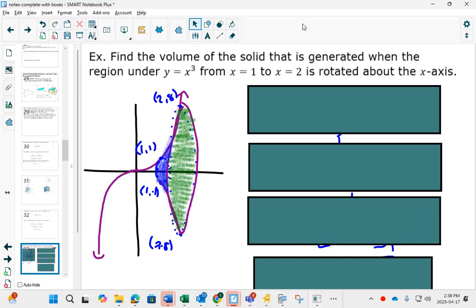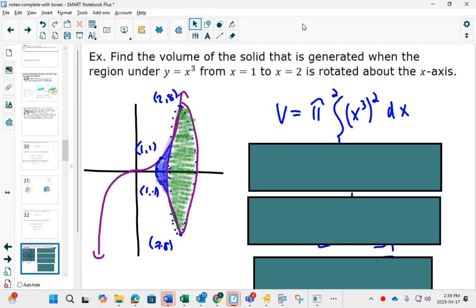But then I can calculate the volume of this because it's going to be the volume of all of the circles. What's my formula for circles? Pi r squared. So pi is out in front because you can factor it out as a common factor. R is my radius, and my radius is whatever my function is. In this case, it's x cubed. My radius is getting squared because pi r squared is a circle.